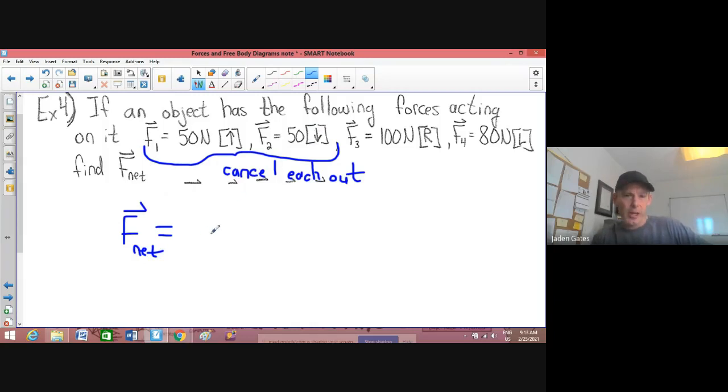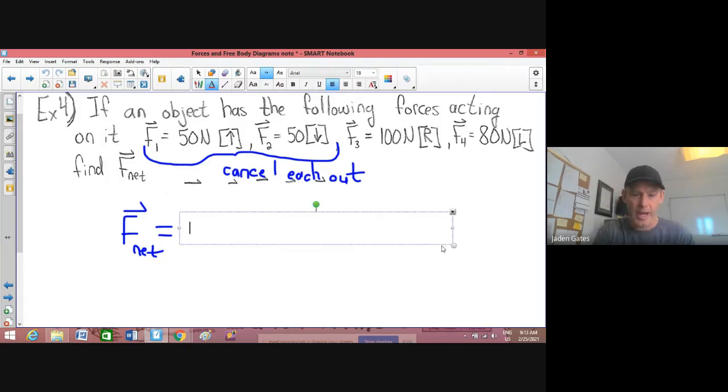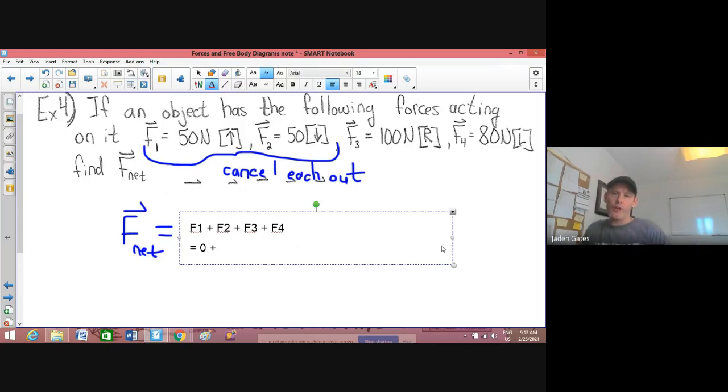And so when I add my vectors together, I'm going to again have F1 plus F2 plus F3 plus F4. Again, when I'm finding my net force, F1 and F2 give a total of 0. But again, with F3 and F4, we have 100 newtons right and 80 newtons left. Again, I always say right is positive, left is negative, just like graphing.